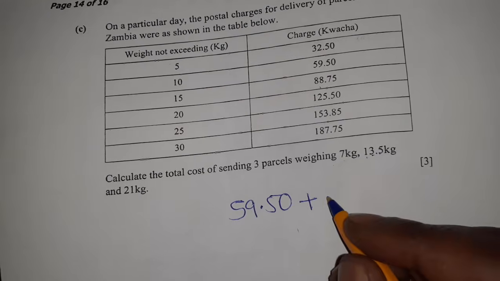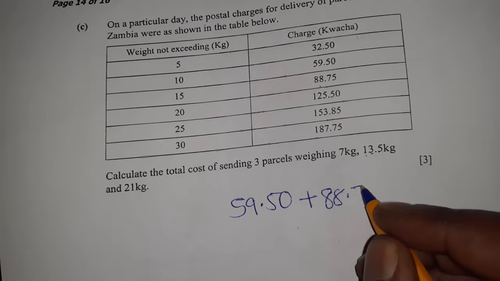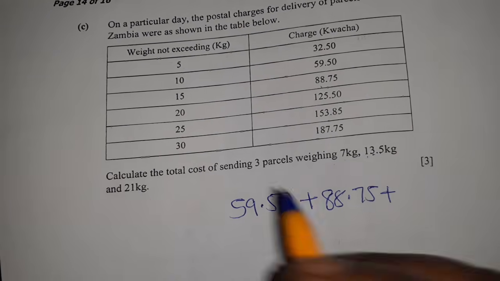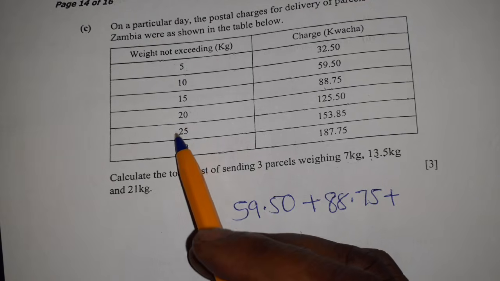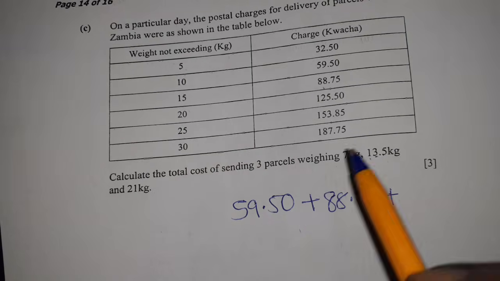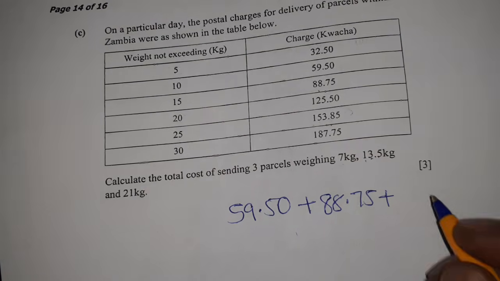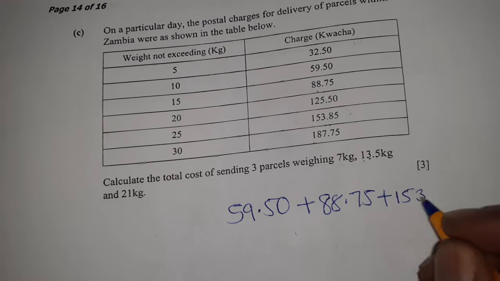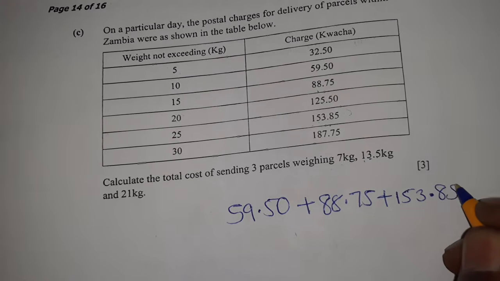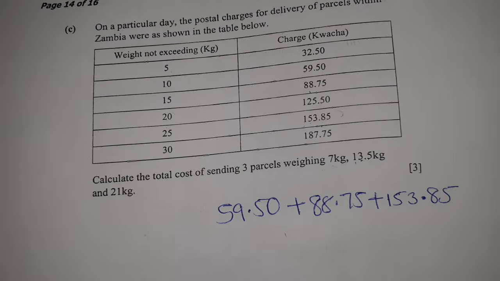So we'll get 8.75 plus 21. 21 exceeds 20 and it does not exceed 25. So we'll get this amount on 25. 25.85. We need to add this now.